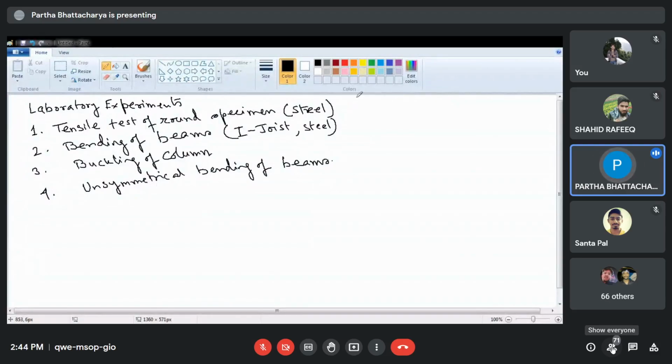Now the tensile test specimen and bending of beams are based on the simple strength of materials approach.